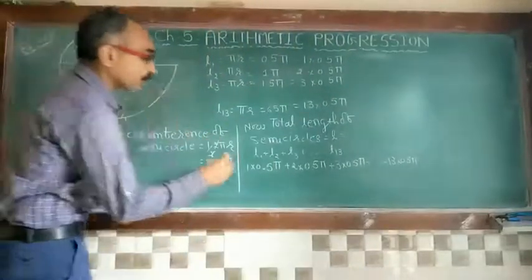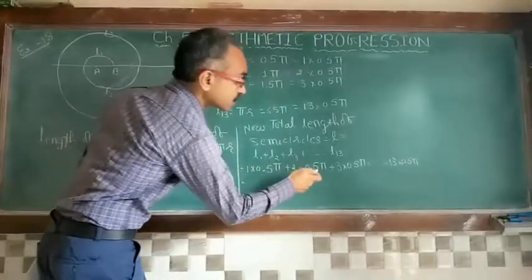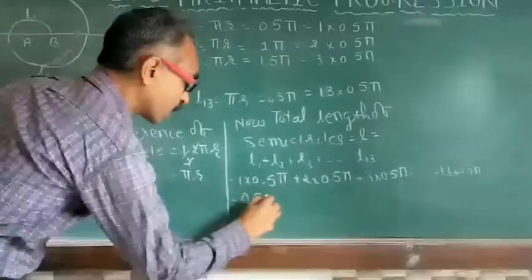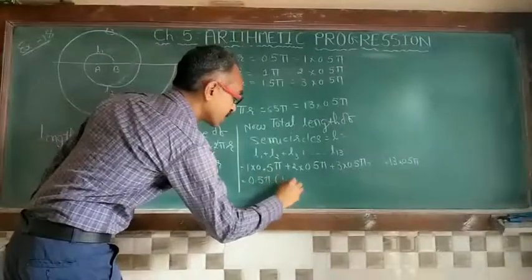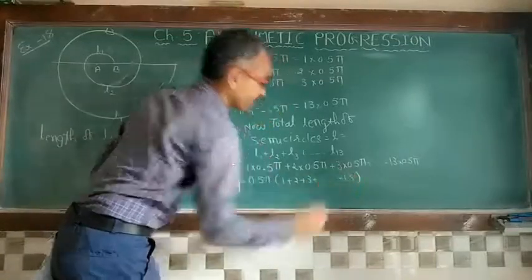Okay. Now take 0.5 pi common out. So the remaining is 1 plus 2 plus 3 plus up to 13.